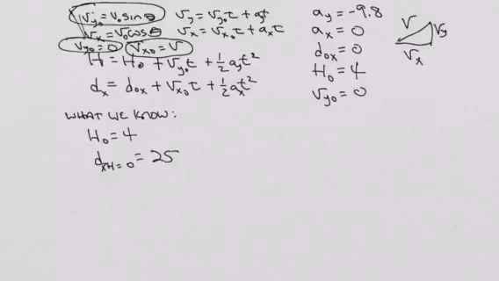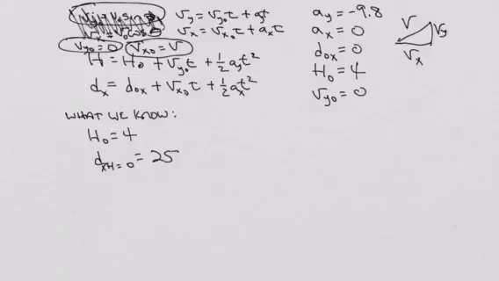So writing these things down was kind of stupid. They don't matter. We have the initial velocity in the y direction is 0, and the initial velocity in the x direction is the entire velocity.